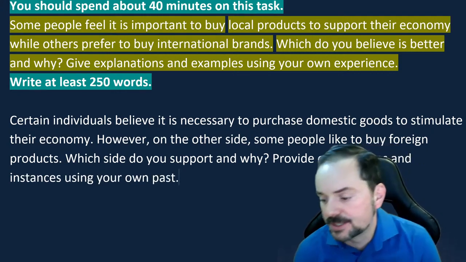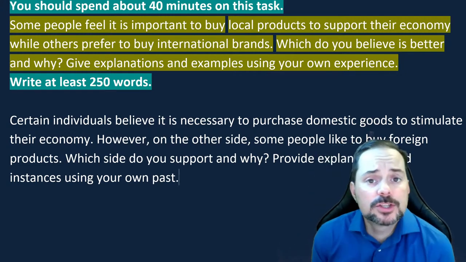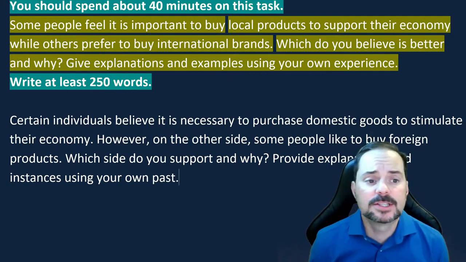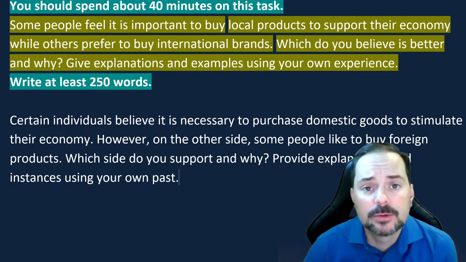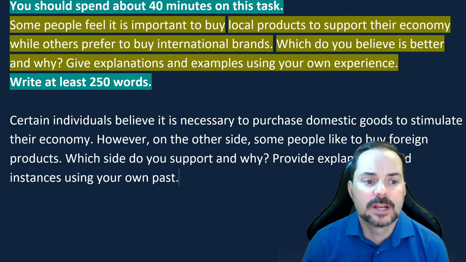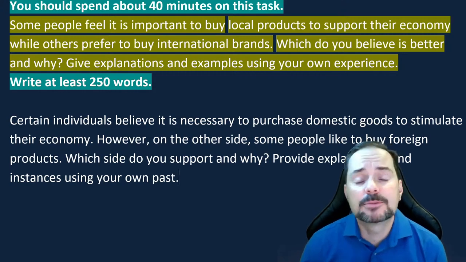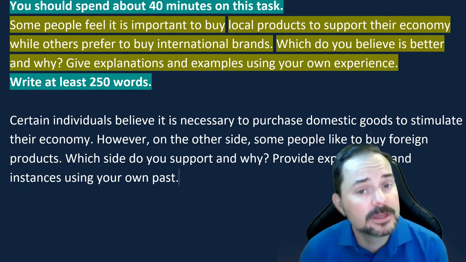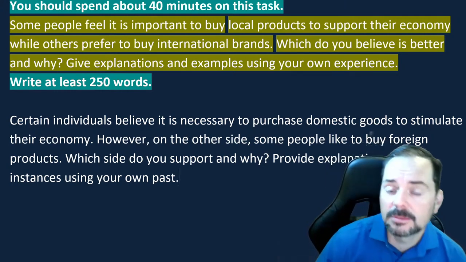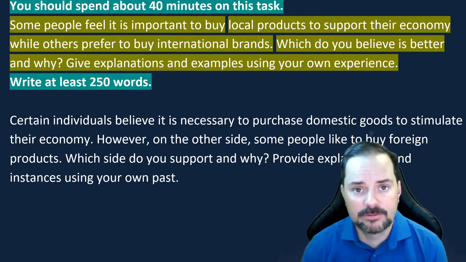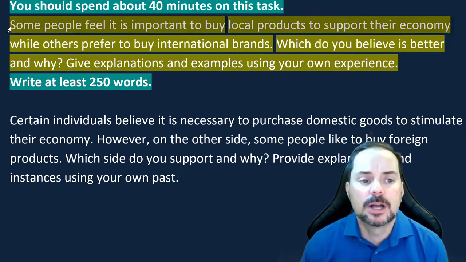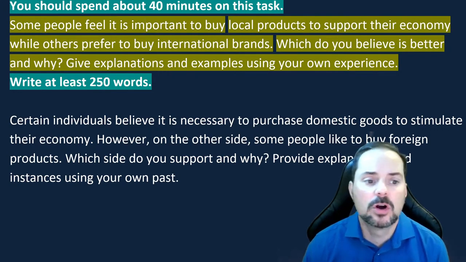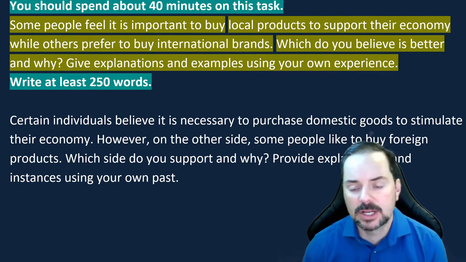That's my paraphrase. Now, also paraphrase, students. So I would like to see your paraphrasing. Here's mine. Let me read the original and then let me read my paraphrase. Now, this gives me absolute certainty on what I'm writing. I'm not adding any new information. I'm not taking out any important information. I'm just paraphrasing, okay? So some people feel it is important to buy local products to support their economy, while others prefer to buy international brands.